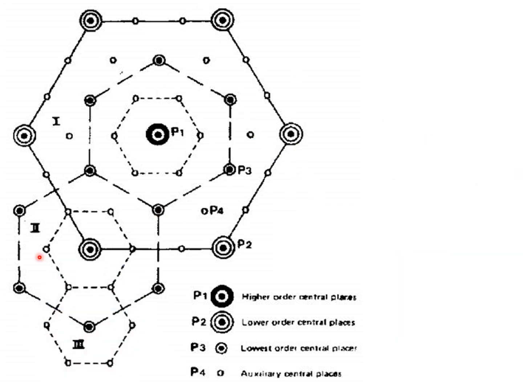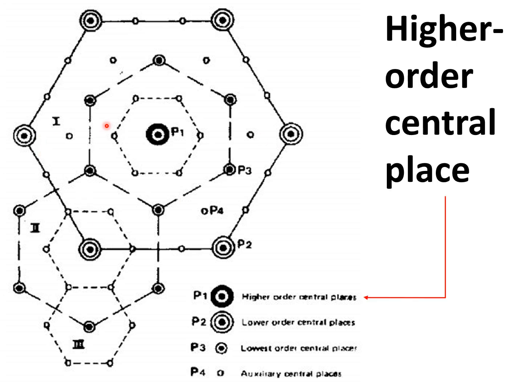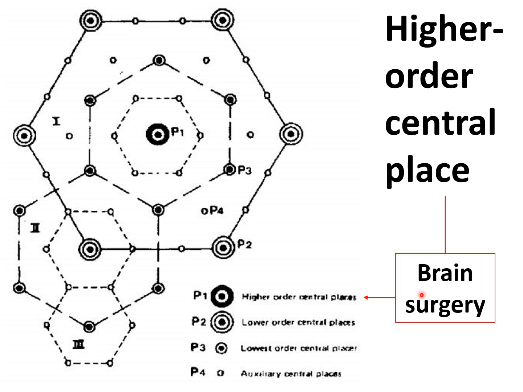Using this same diagram, the P1, 2, 3, and 4, P1 is really the highest order. These kinds of goods and services, from earlier we talked about brain surgery, automobiles, jewelry, and passenger flights, are only found at certain locations. I used brain surgery as the example: the only place you're going to be able to get brain surgery is at a P1 location, right?